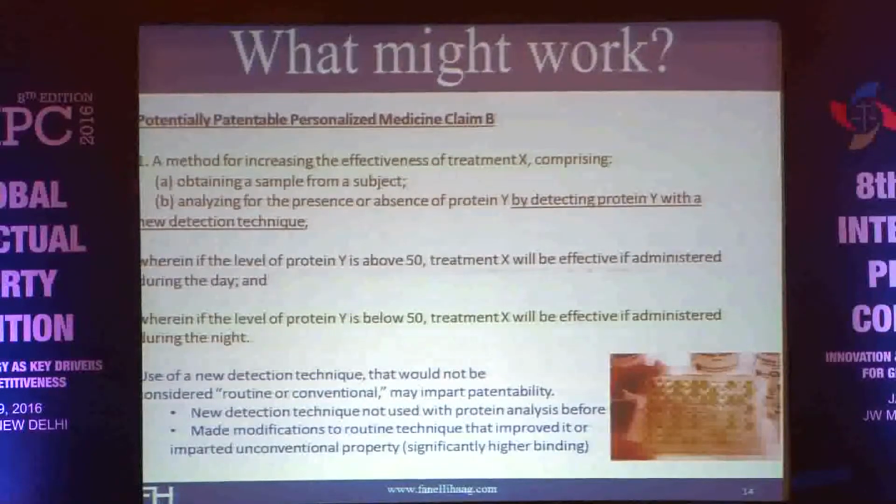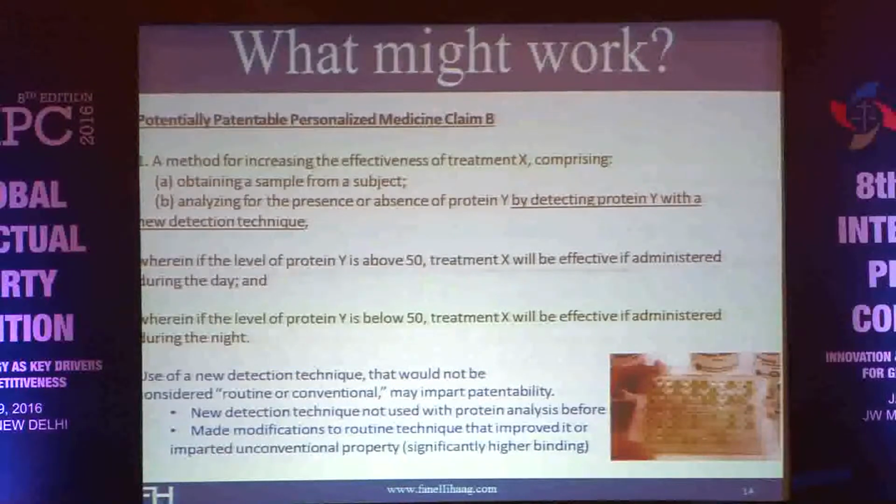The other, and this is a little bit easier to envision, is some type of new detection technique, and whether that technique may in the past have been used with other types of analysis, and now you're applying it to your particular analysis, and it was not routine, it was not conventional. That again probably will get you over the hump to get patentability.